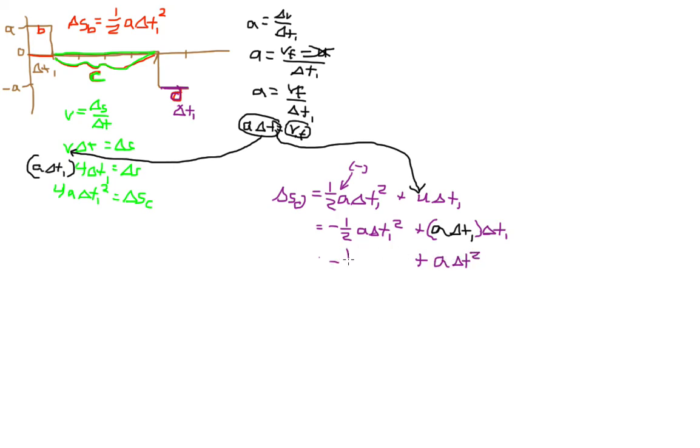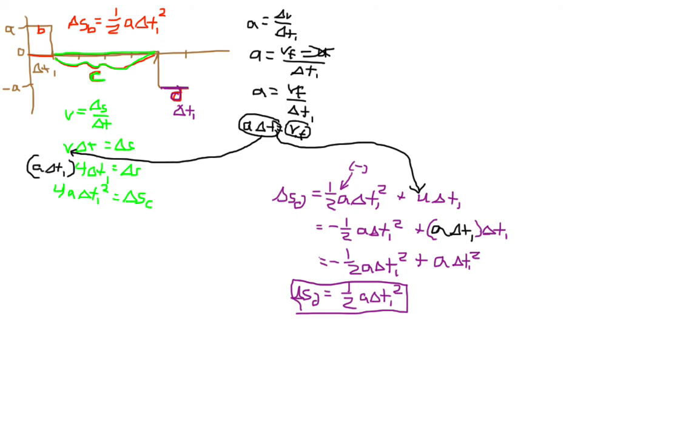This is now 1/2 a delta t1 squared. So what does this equal? Well, this is minus 1/2 a delta t squared plus a delta t squared. This is just going to be 1/2 a delta t squared. And so that is our delta S for D. So this is our delta S for D.